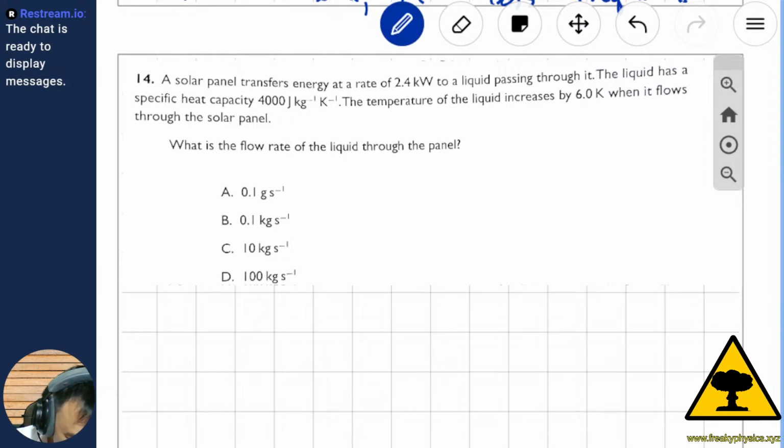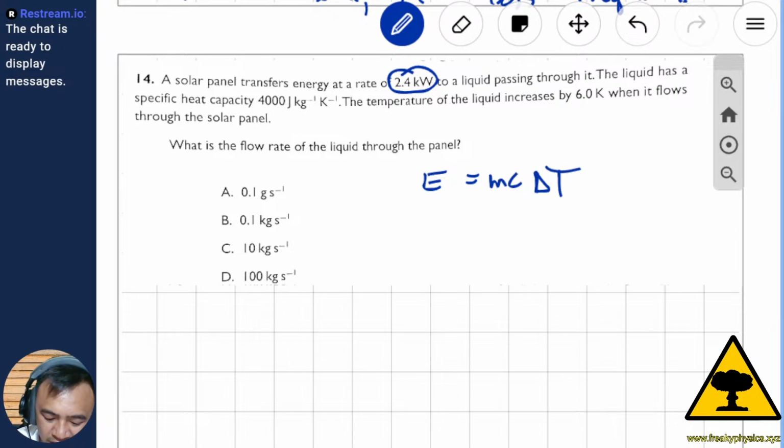Okay, all right, we have to start here with the idea that the energy needed to heat up the water would be equal to mc delta t. However, this already tells us that we need to somehow put time into it. So we're going to have to divide this by time, so that's going to be power, right?